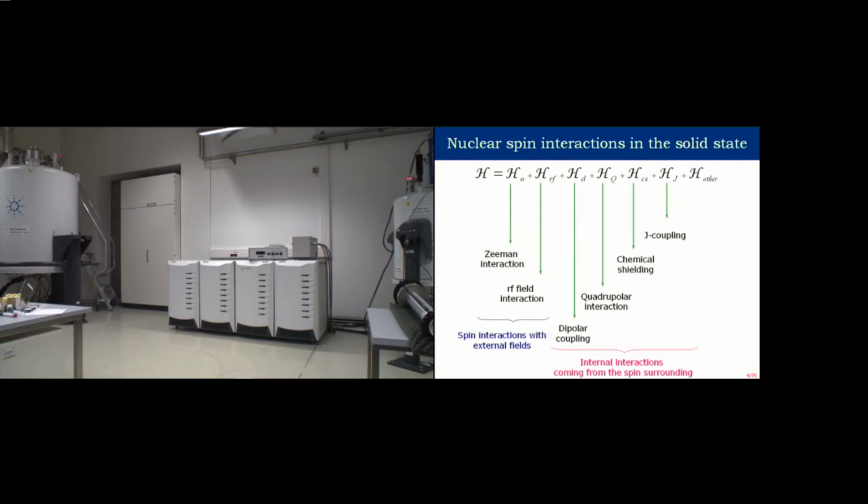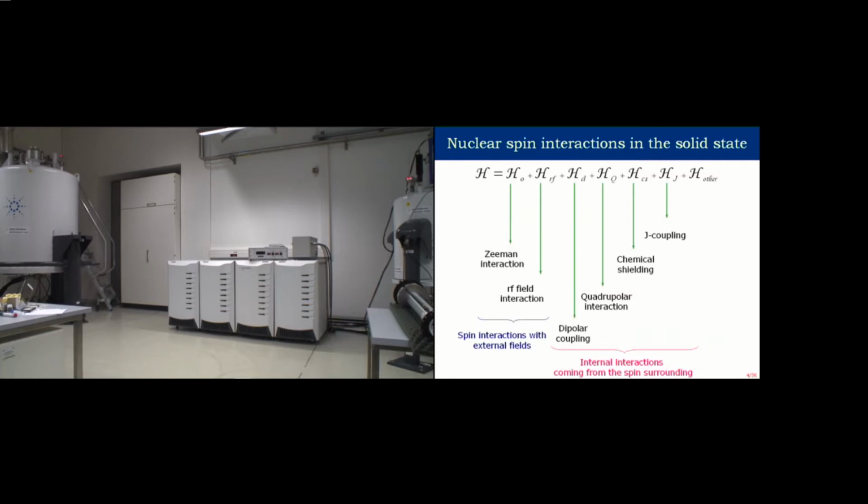The rest of the Hamiltonian in this equation represents internal interactions, which are inside the investigated system. As you can see, dipolar coupling is a coupling between spins possessing spin one-half, sometimes homo- or heteronuclear. Okay, this is well known.